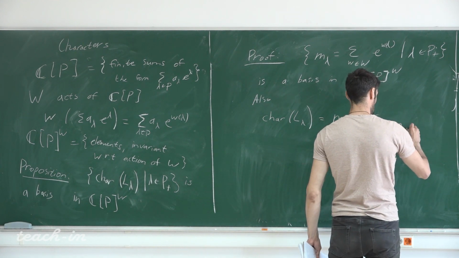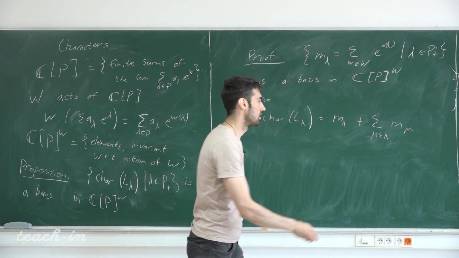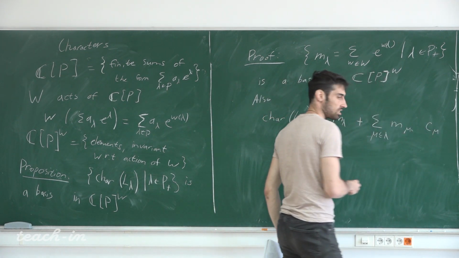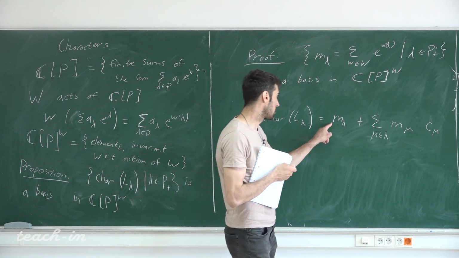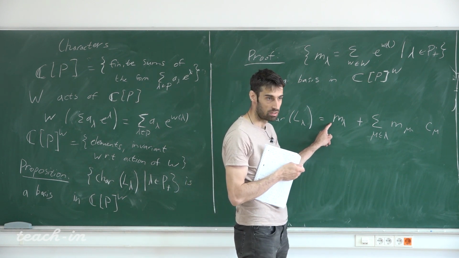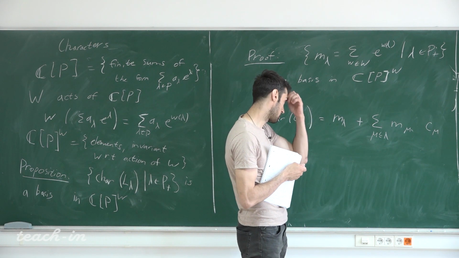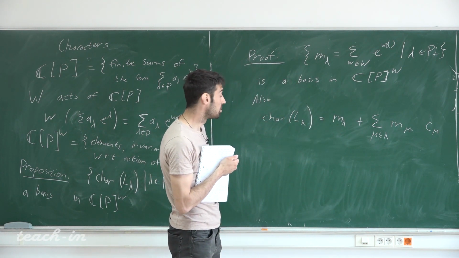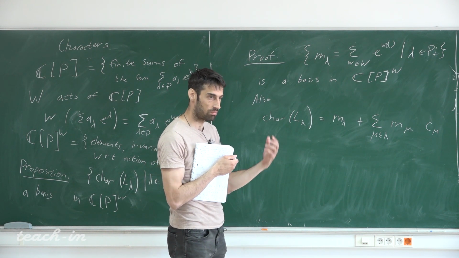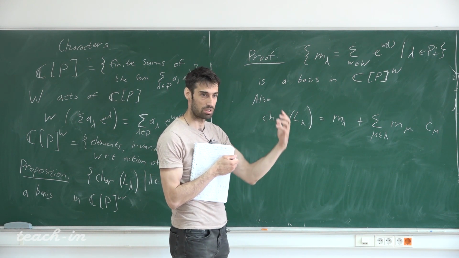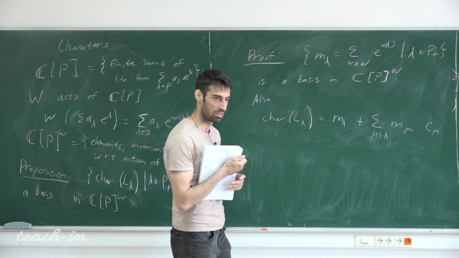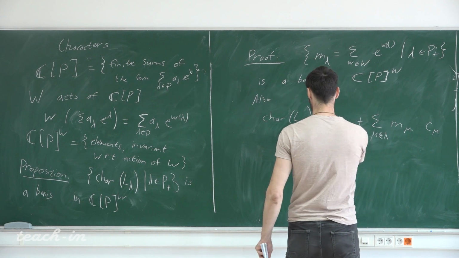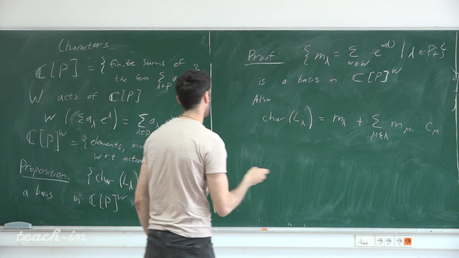So we can write it like this. And times maybe some coefficients, I don't know. But here the coefficient is 1, right? Because the dimension of V lambda lambda, the dimension of the highest weight subspace, is 1. There's only one highest weight vector, because L lambda is irreducible.